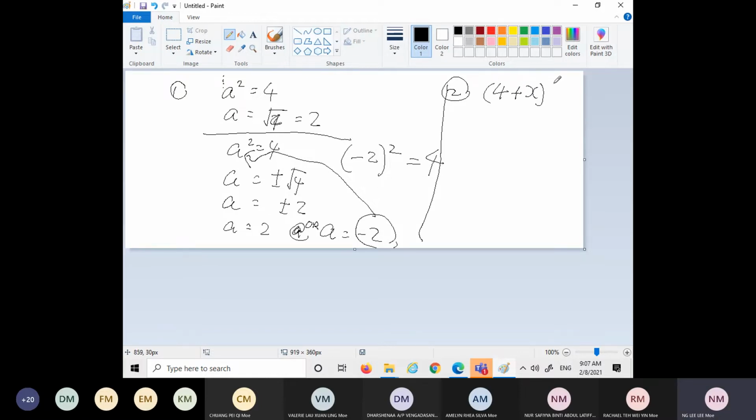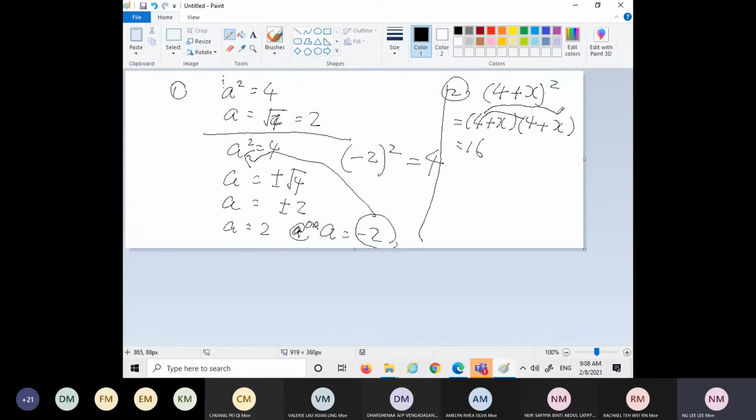Also same thing, one of your friends made a mistake on this. If you do it the normal way, this is what you're going to do. You expand term by term. First term times first term, 16.